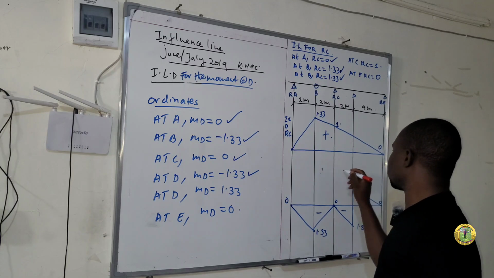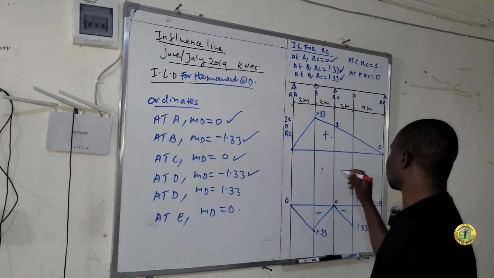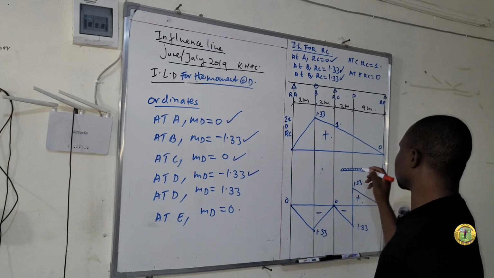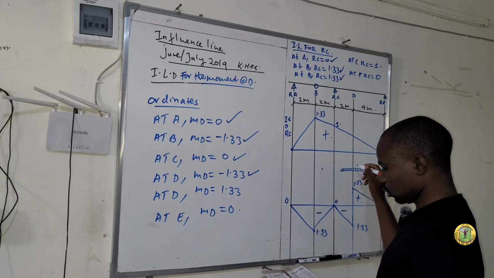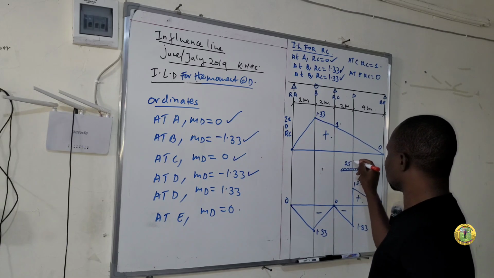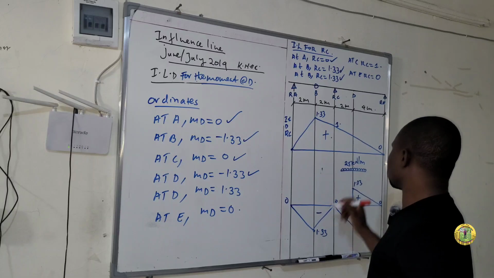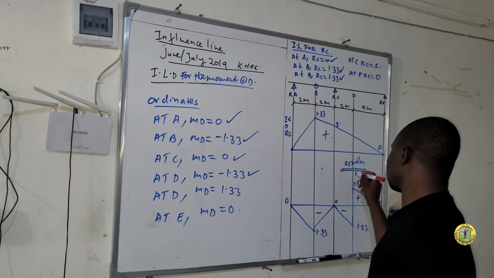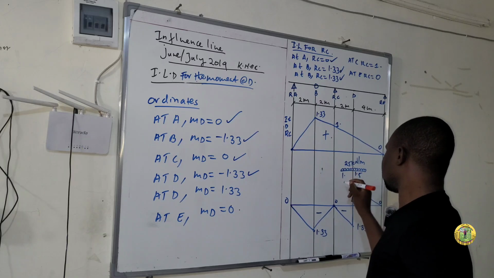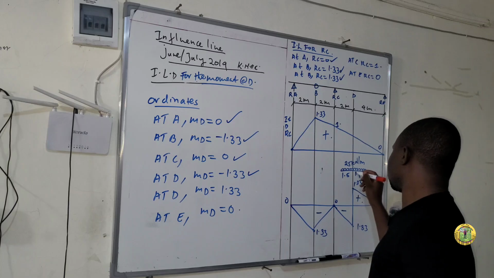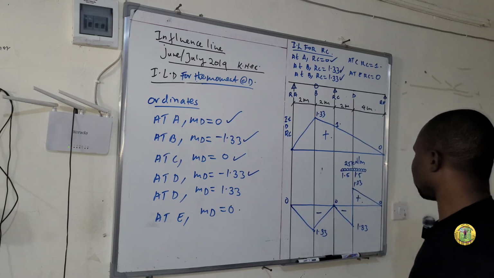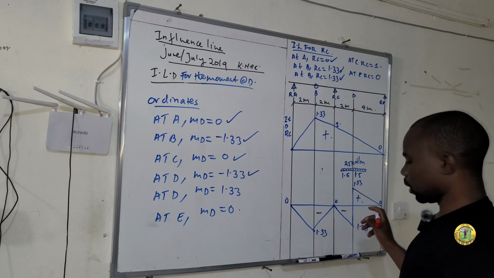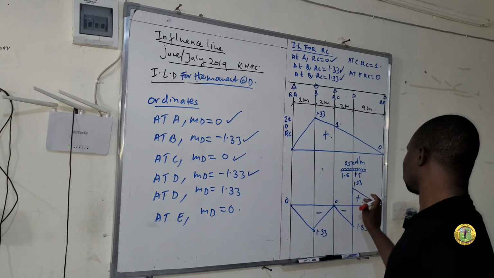So let's introduce the load here. The load is 25 kilonewton per meter, and it is spanning 3 meters. So you can make 1.5, then 1.5. So the maximum bending moment will be at this portion, because this is positive.